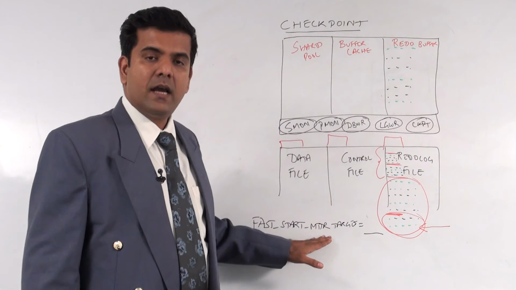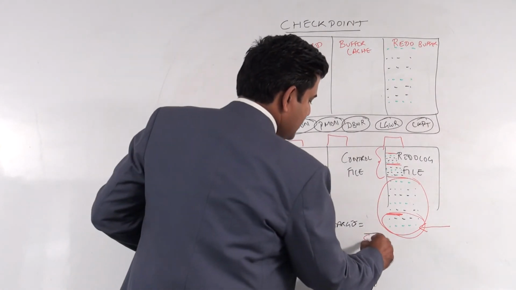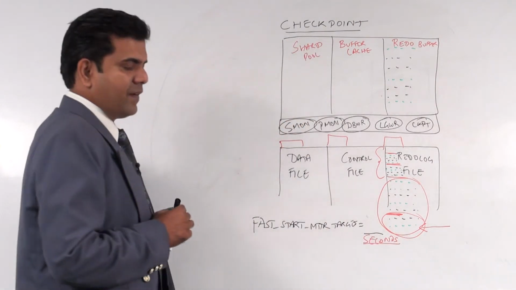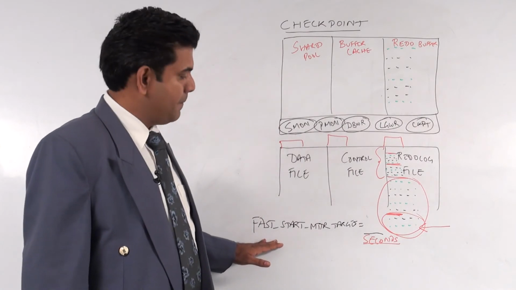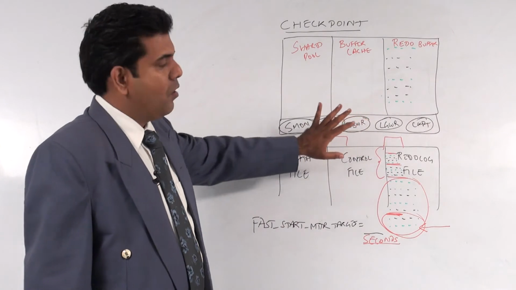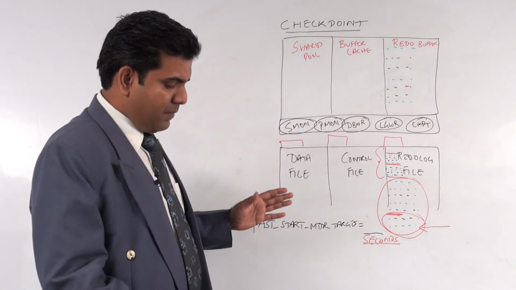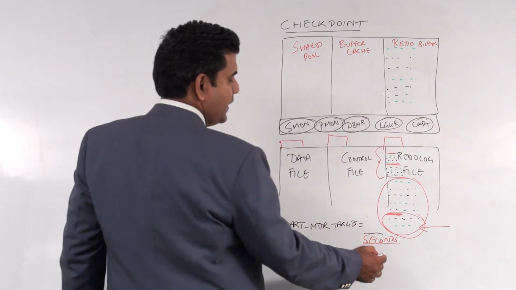MTTR means mean time to recover, and you can specify a time in seconds. By specifying this value in seconds, what you are instructing the instance is, whatever be the number of transactions that are occurring, whatever be the frequency of commits that are occurring, at any given time, in case there is an instance crash, please recover the instance in so many seconds.